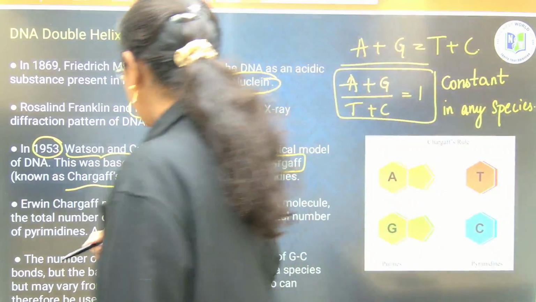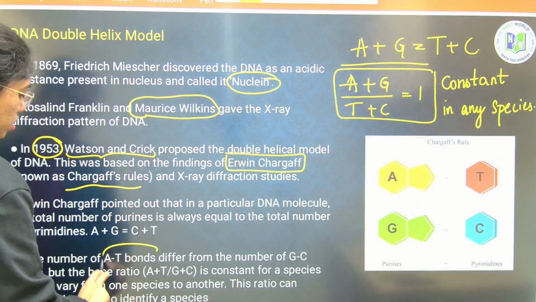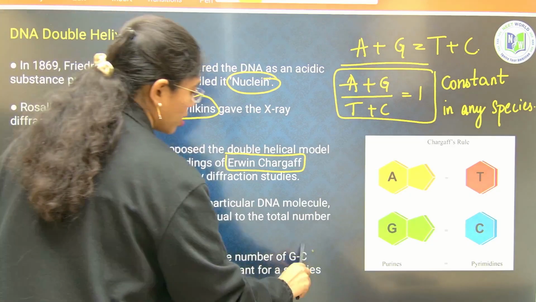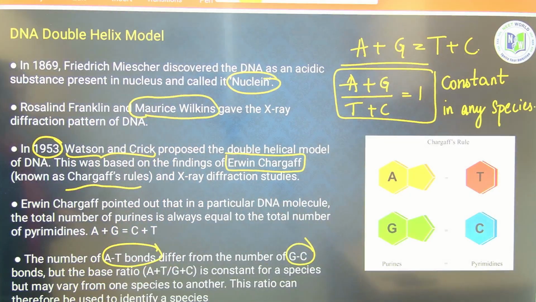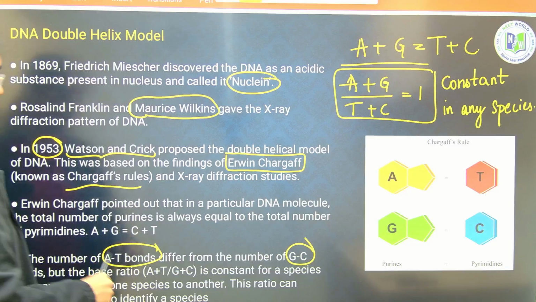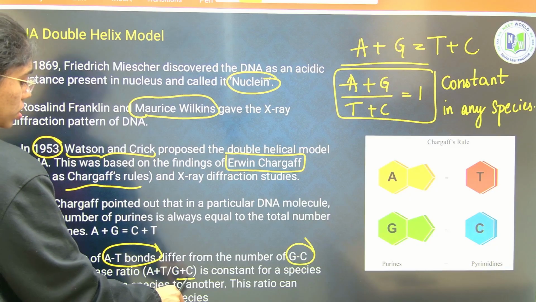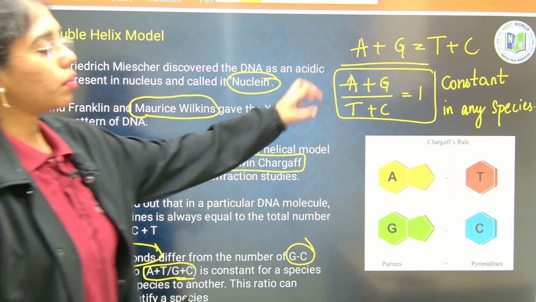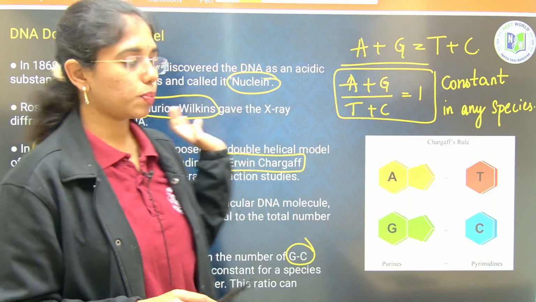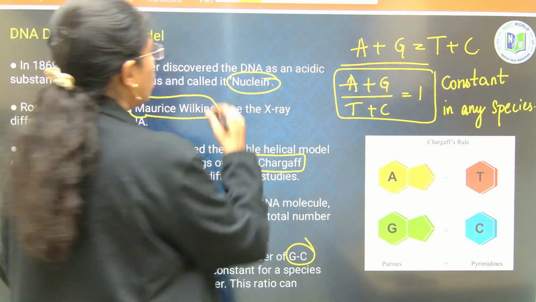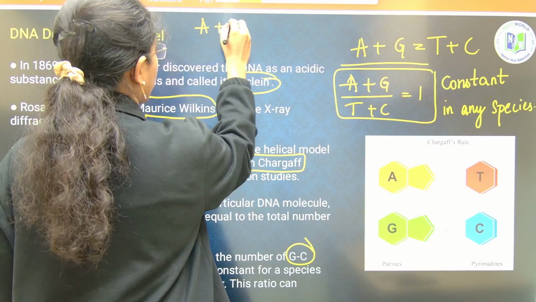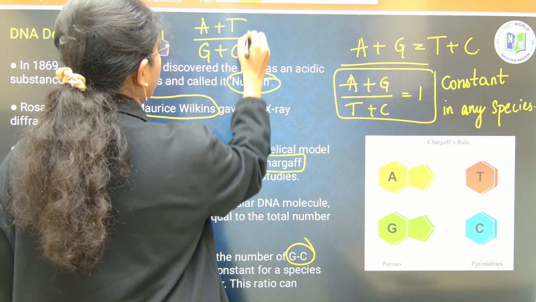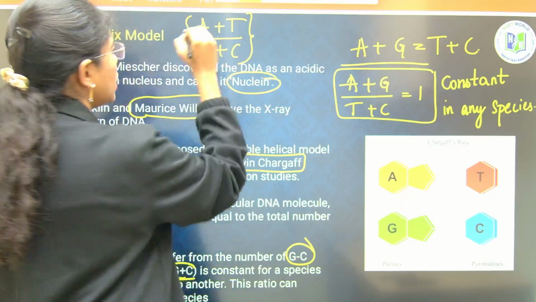Fine, right? The number of adenine thymine bonds will differ from the number of guanine cytosine bonds, but the ratio adenine plus thymine by guanine plus cytosine is addressed as the base ratio. So purines by pyrimidines is always constant in all species, but the base ratio, adenine plus thymine by guanine plus cytosine, differs in each individual.